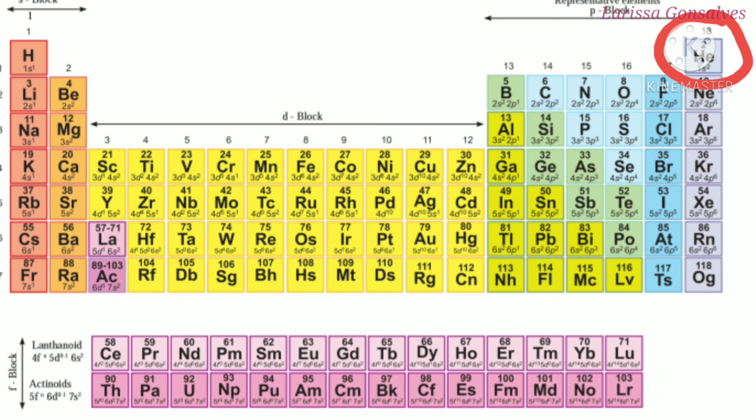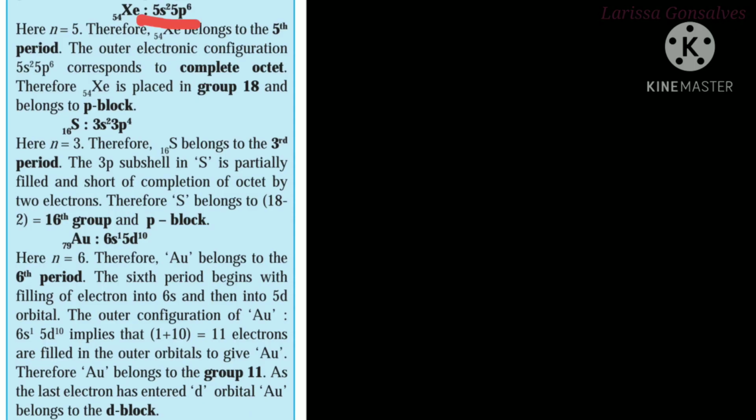I told you that helium is a noble gas or an inert gas which has a completely filled octet, and that is why it is placed in the p block. Next is xenon with the atomic number 54 and the outer electronic configuration 5s2 5p6.